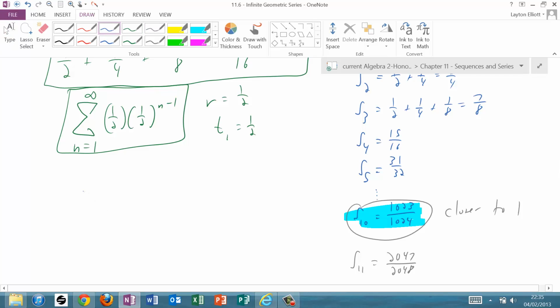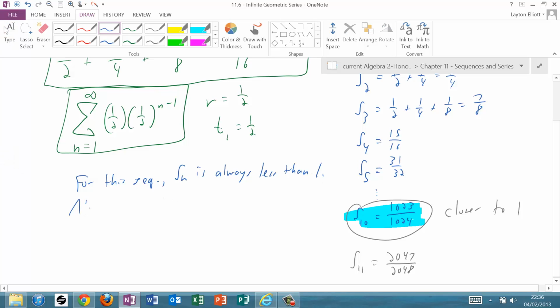So we know a few things. I know that for this sequence, S of n is always less than 1, just barely.